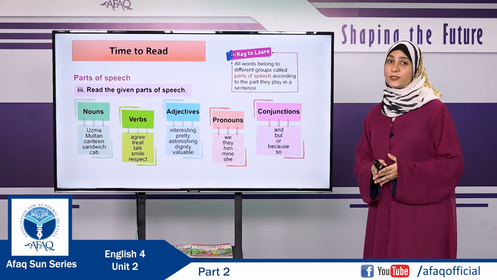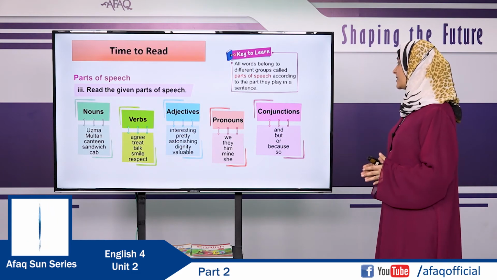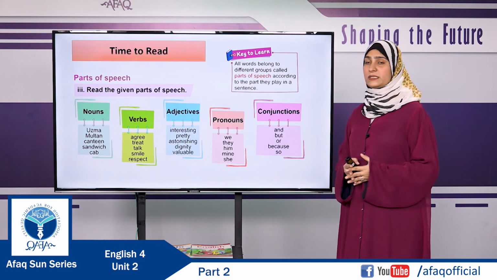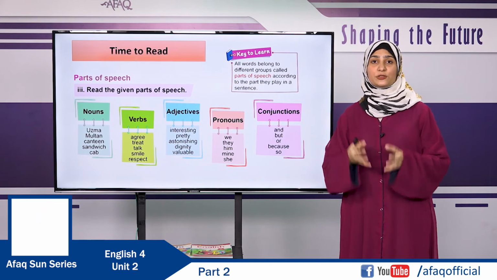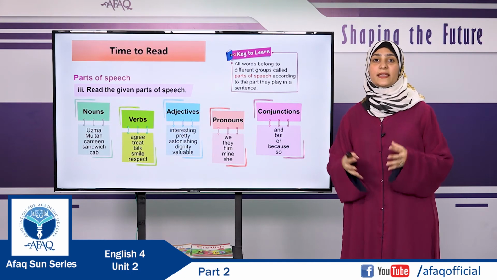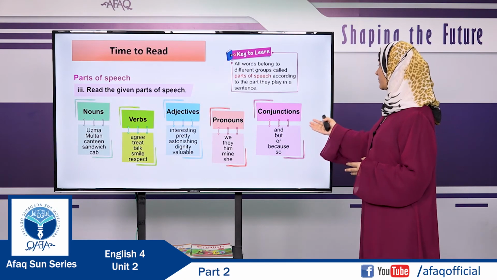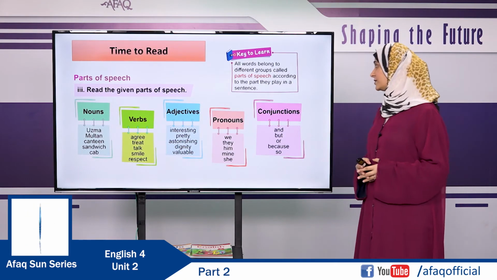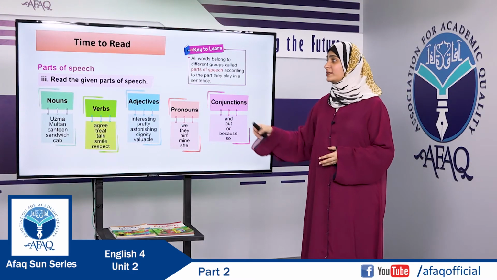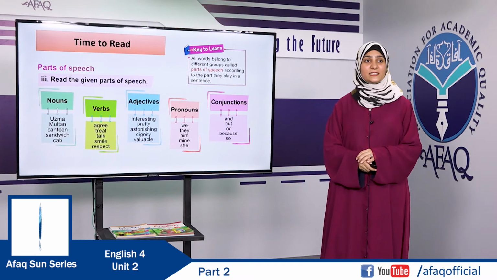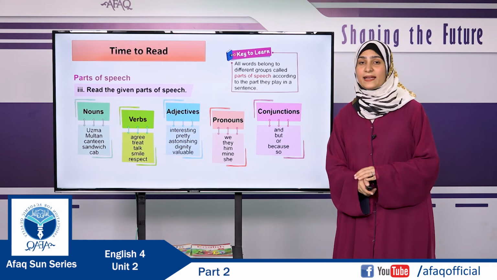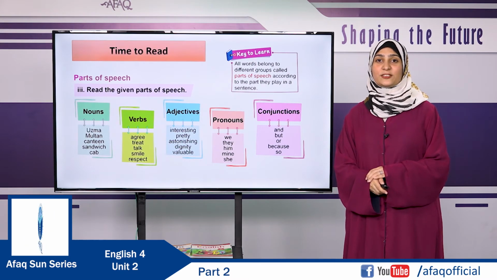And the last but not least, conjunctions. Conjunctions are those words that are used to connect two sentences or making connection between the nouns like and, but, or, because and so on. Keeping in mind all these rules of parts of speech, recall them and memorize them at your best.